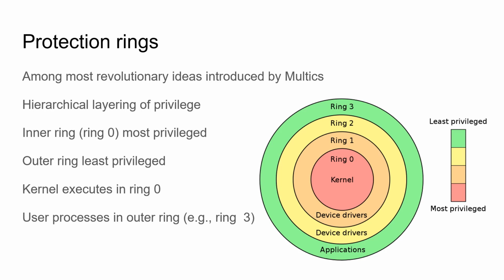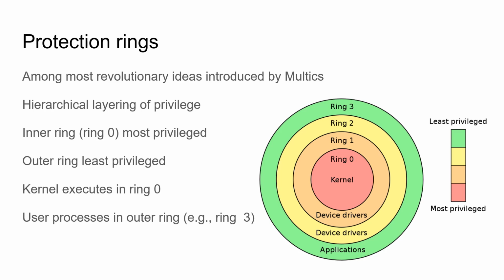And whenever ring 3 applications or ring 3 code needs something that requires higher privileges, right? So maybe it needs more memory and the page tables need to be adjusted. What the code in ring 3 will have to do is call into ring 0 code and ask it to do this on its behalf.